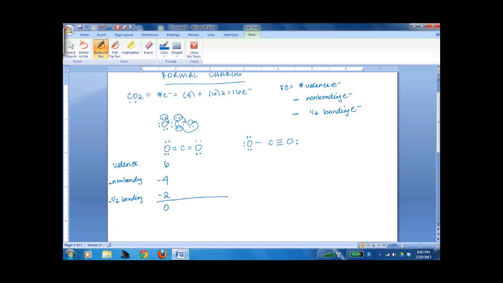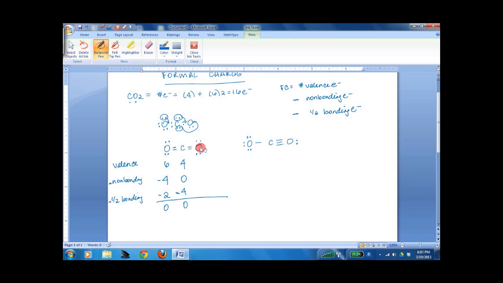Let's look at the carbon. Carbon, valence electrons 4. Non-bonding electrons, there's 0. If we do 1/2 of bonding, we'll have 1, 2, 3, 4, 5, 6, 7, 8 times 1/2 will be 4. And we end up with 0.